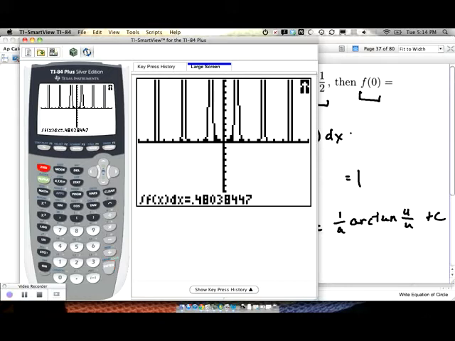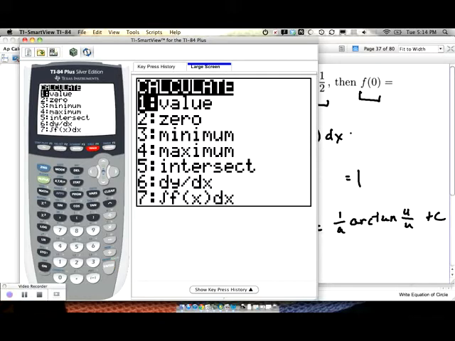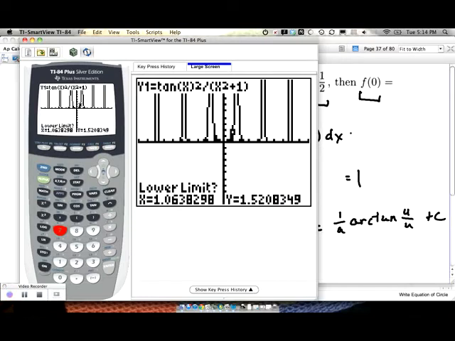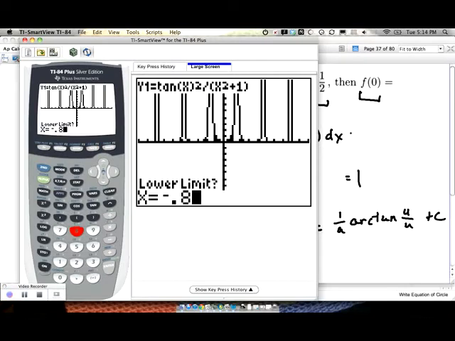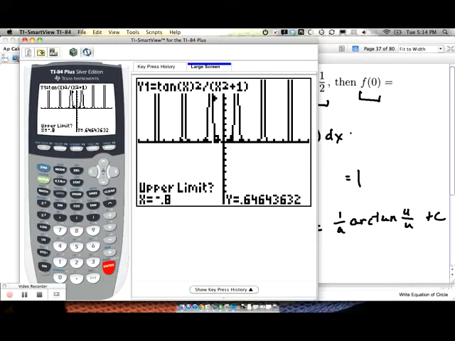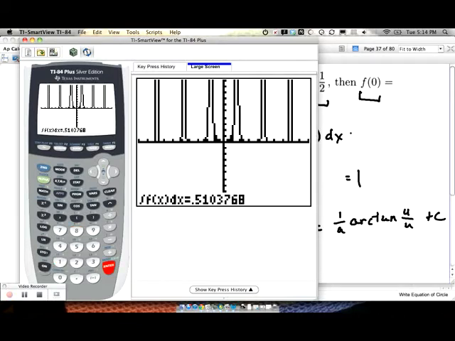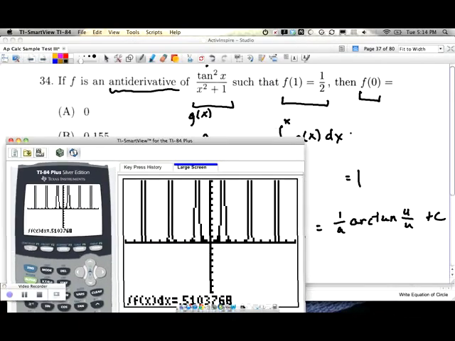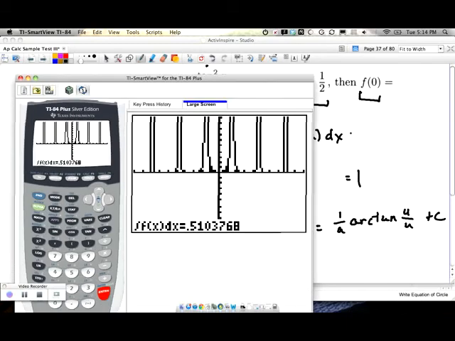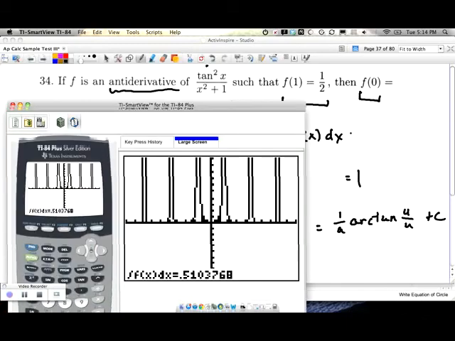Then I'm going to do second, calculate, from -0.8 to 1. That gives me about 0.51. That's probably pretty close there. So that's saying if I integrate this from -0.8 to 1, then I get that.